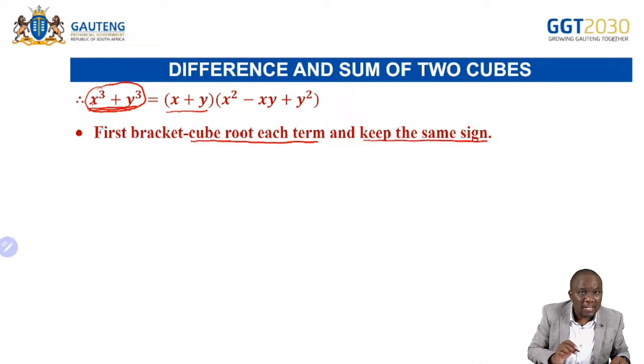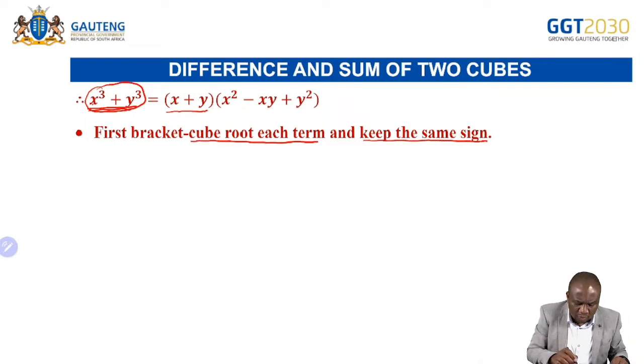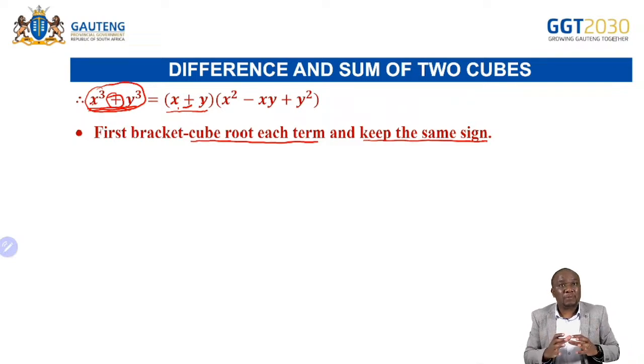What is the cube root of x cubed? That is x. What is the cube root of y cubed? That is y. Which sign are we keeping? This one, plus. So the first bracket is x plus y.